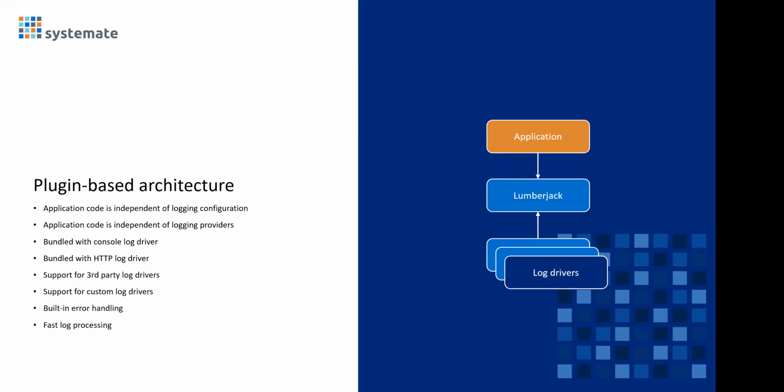Lumberjack comes bundled with the console and HTTP log drivers. So you have the most used one, the console driver, and you have a simple one for HTTP. But you can also use the community third-party log drivers, or you can build a custom one by implementing an interface and providing it for Angular.